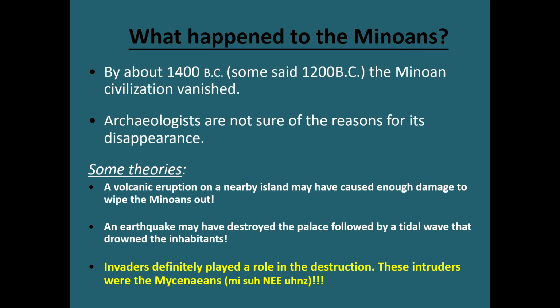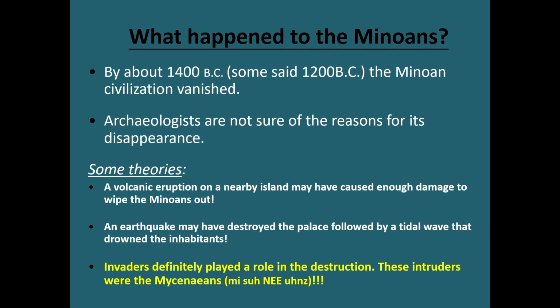but they have put forth a number of theories. For example, a volcanic eruption on a nearby island had caused damage to the Minoan civilization. Some archaeologists also brought up another theory, that the civilization was destroyed by a tidal wave caused by an earthquake.